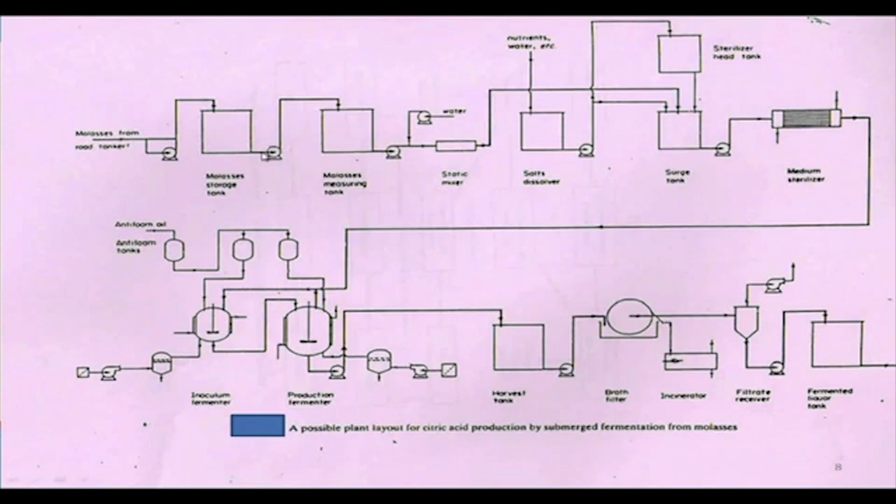This pump is a special type of pump I told you, because it is a very viscous liquid, we use the gear pump to drag the cane molasses from MST to MMT, and after that it contains about 50% of sugar, so you have to dilute it, because in the fermentation media the sugar concentration is about 10 to 11%.